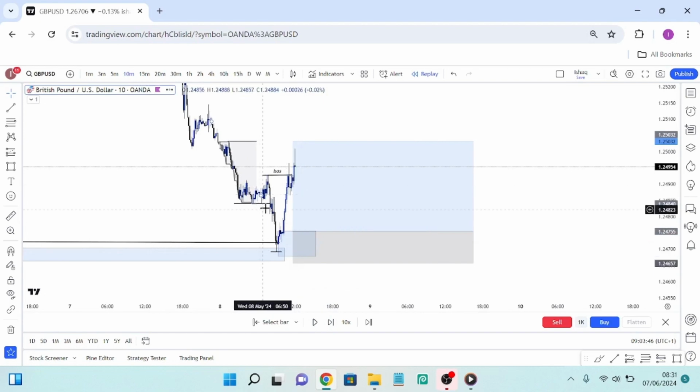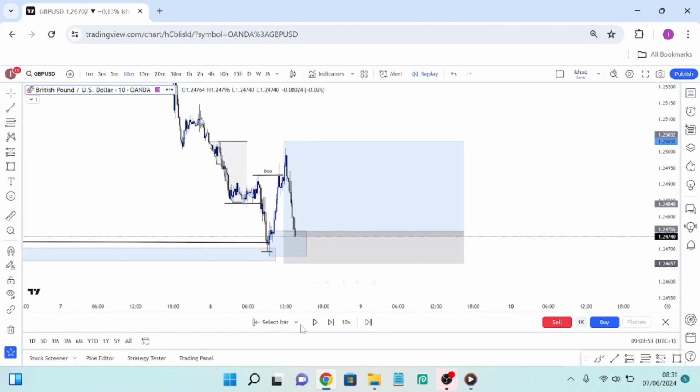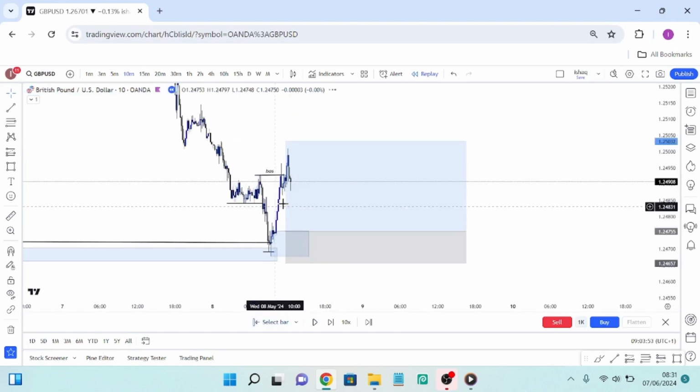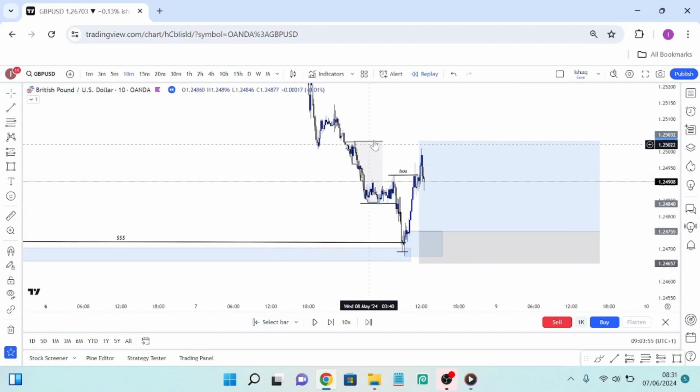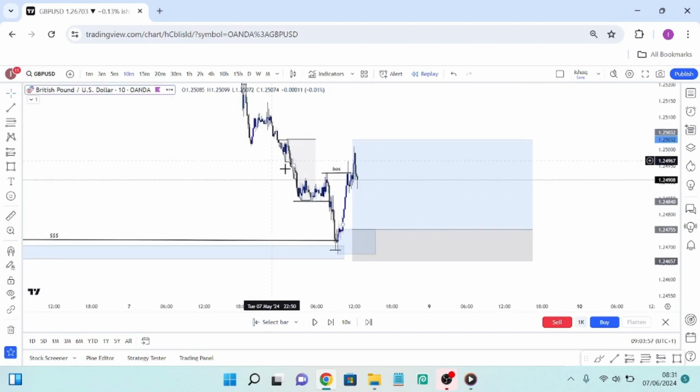However, I saw that the market induced this Asian liquidity, as well as prior to the market tapping into this order block, the market was yet to induce this Asian high. So I know potentially sells were opened by banks, institutions, large capitals through this Asian liquidity, and had unmitigated that Asian liquidity. Therefore, we had a TP to place.